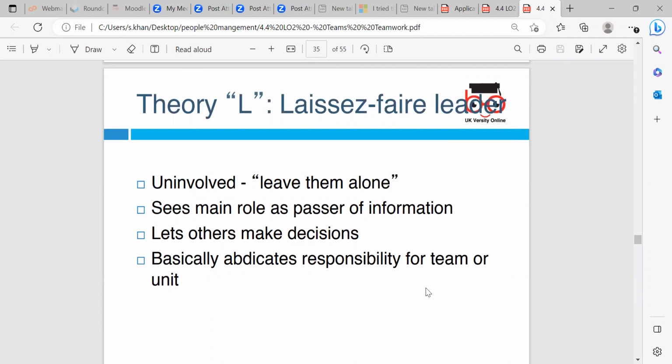So this is uninvolved, leave them alone. And then we've got the leader's main role as passer of information. Lets others make decisions, basically abdicates responsibility for the team or the unit.